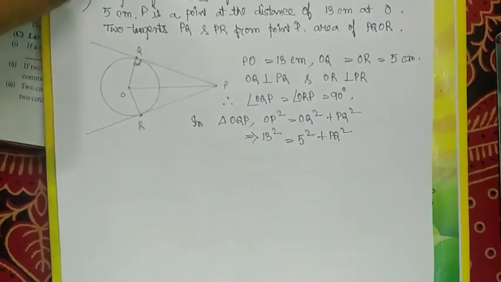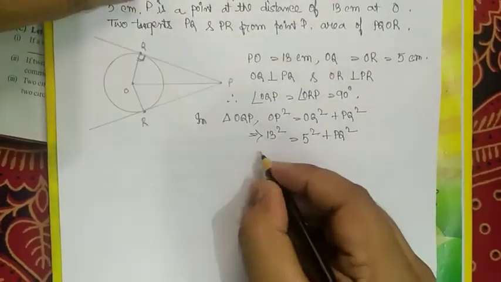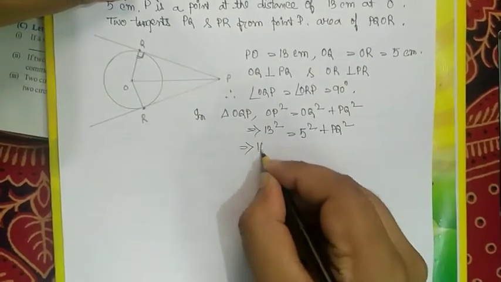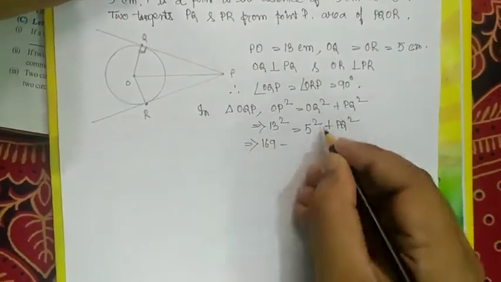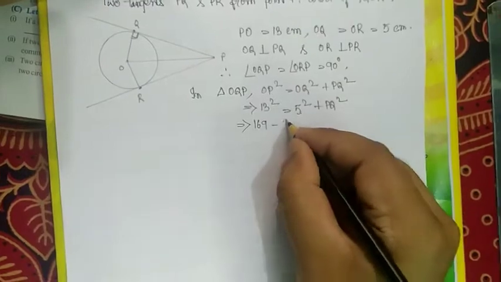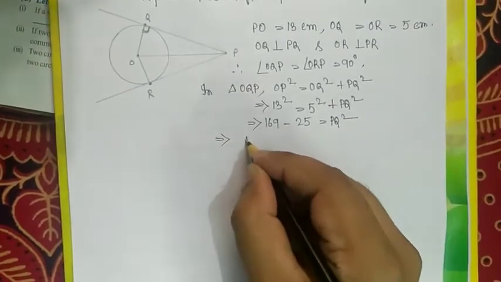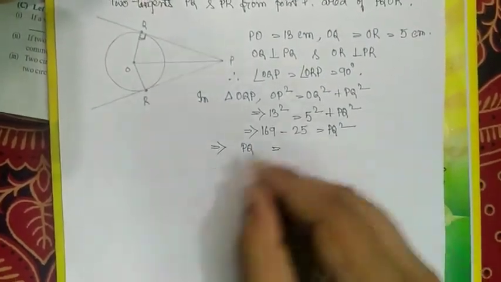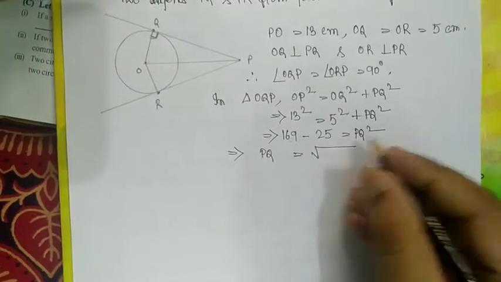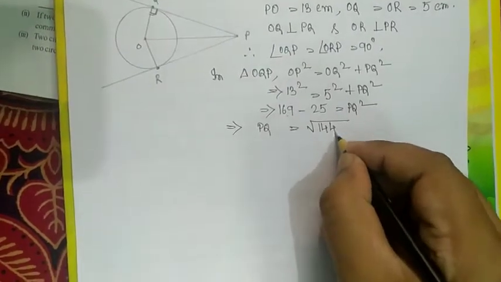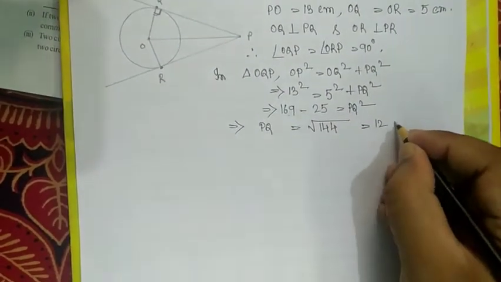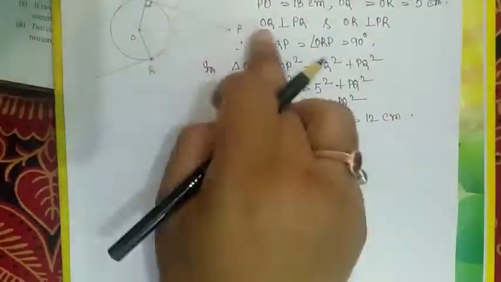So therefore 13 square means 169, minus 5 square from right hand side to left hand side, 25, equals PQ square. So therefore the value of PQ equals root over 169 minus 25, 144, equals 12 centimeter. Here we find the value of PQ.